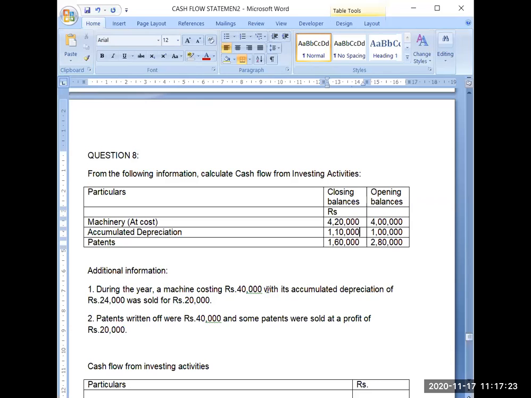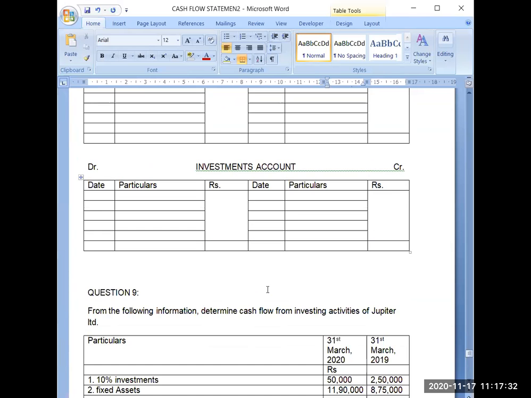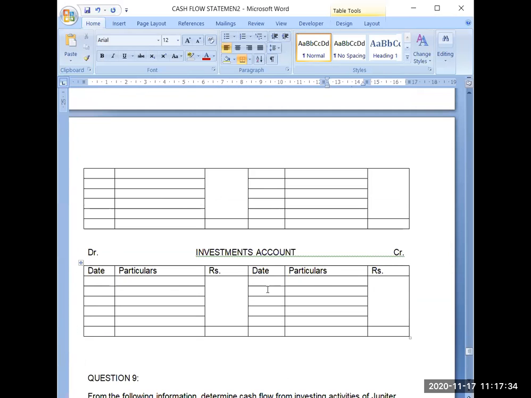Then patents written off were rupees 40,000 and some patents were sold at a profit of 20,000. So patents also have information. We will prepare patents account also.